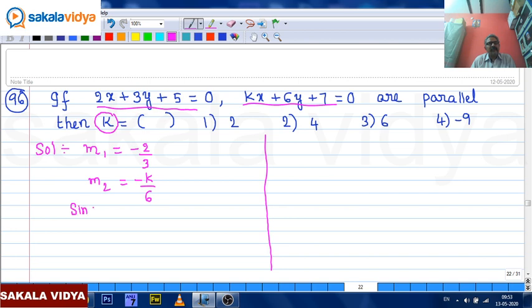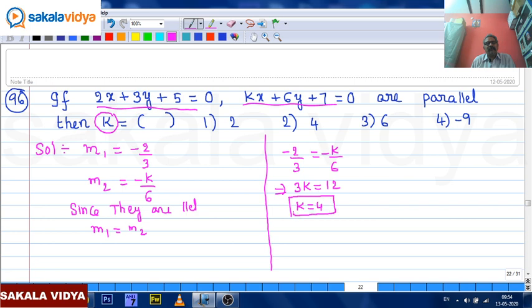Since they are parallel, m1 equals m2. That means minus 2 by 3 equals minus k by 6. So 3k equals 12, k equals 4.